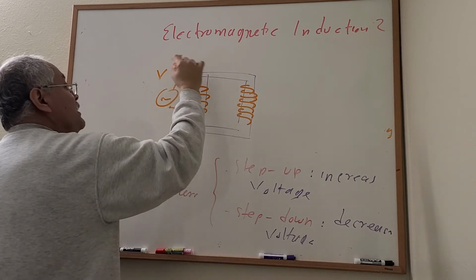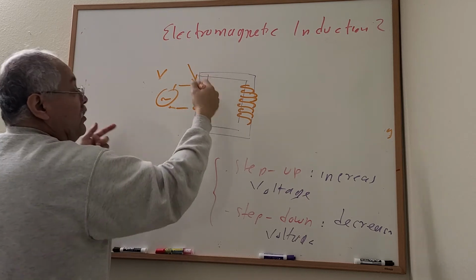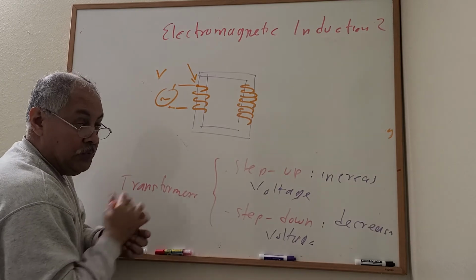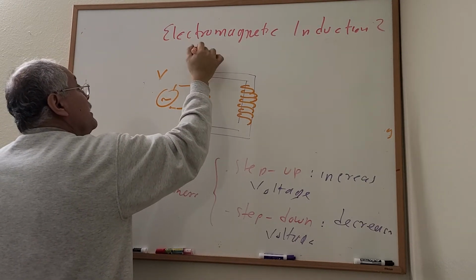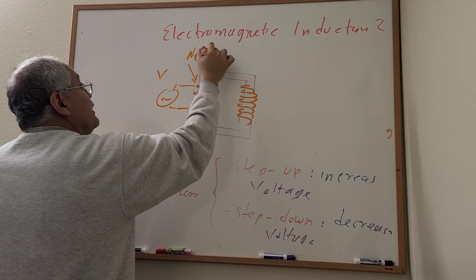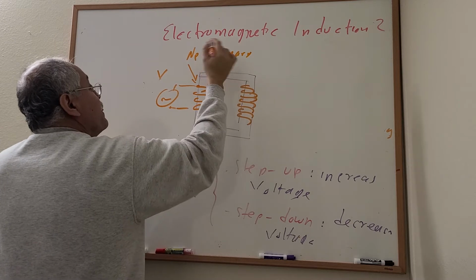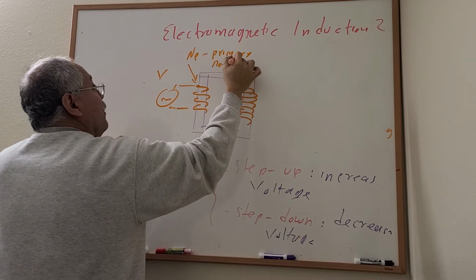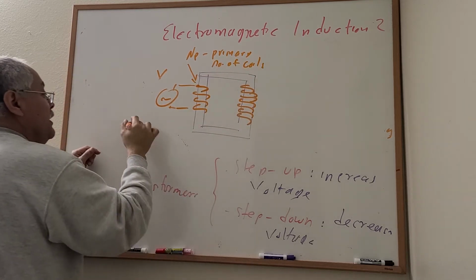We call this the primary number of loops or coils. This is NP, the primary number of coils or loops.